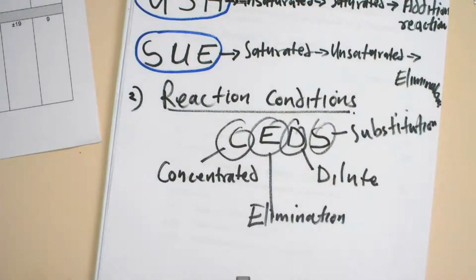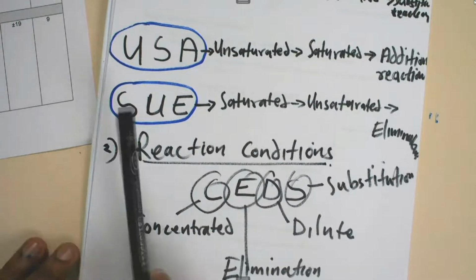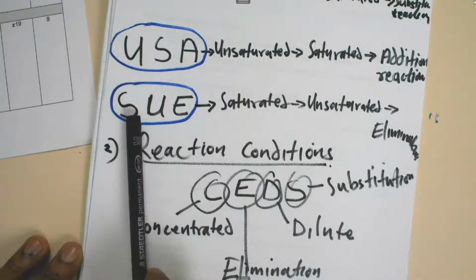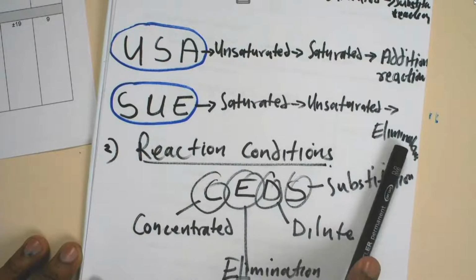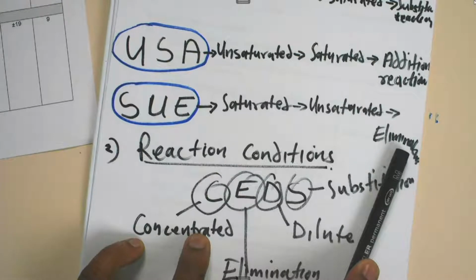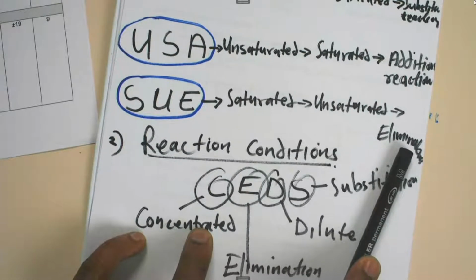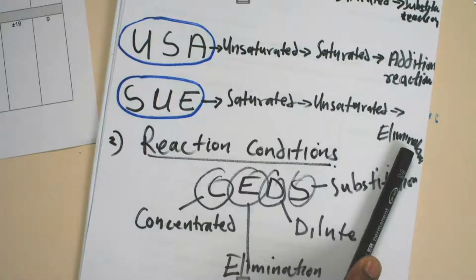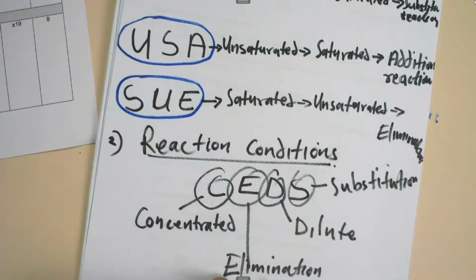So if I am given a reaction and I have identified that it goes from saturated to unsaturated and it's elimination, then whatever condition I assign to it should be concentrated acid and other things. Concentrated goes hand in hand with elimination.